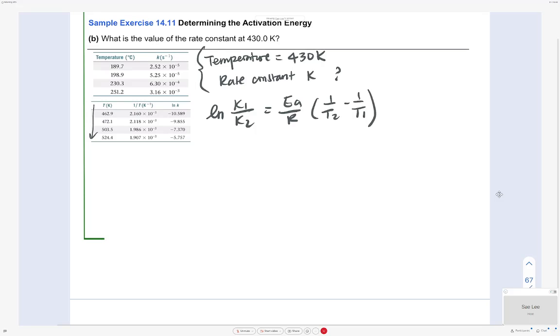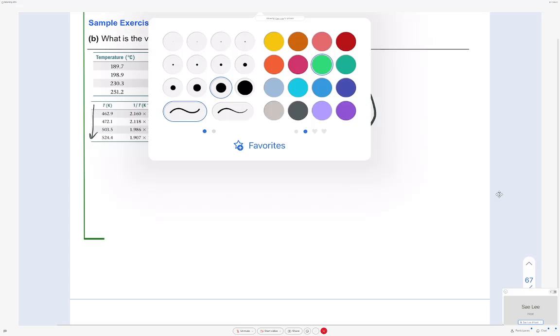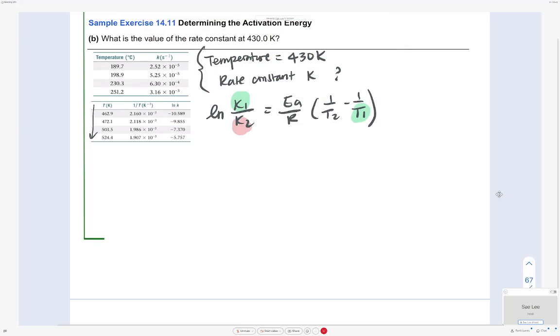This equation is convenient because it allows us to calculate rate constant K1 at T1 when we already know the rate constant K2 and T2. When we already know these two values, we can simply use this equation to find out these. So this is a convenient equation.